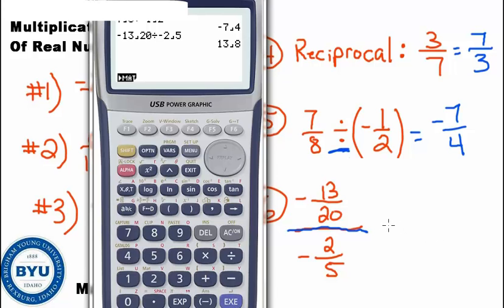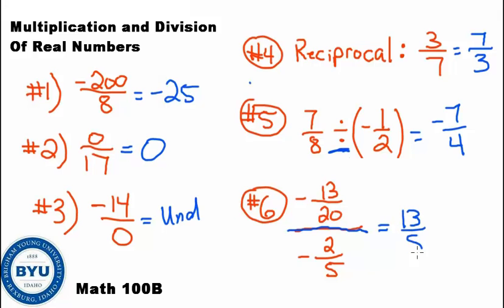And we get the answer of 13 over 8. You could have done flip and multiplication as well there. You would have done 13/20 times a negative 5/2. Remember, when dividing fractions, we flip and multiply, or reciprocate is the real word. Use the reciprocal, and then simplify. You would get the same answer.